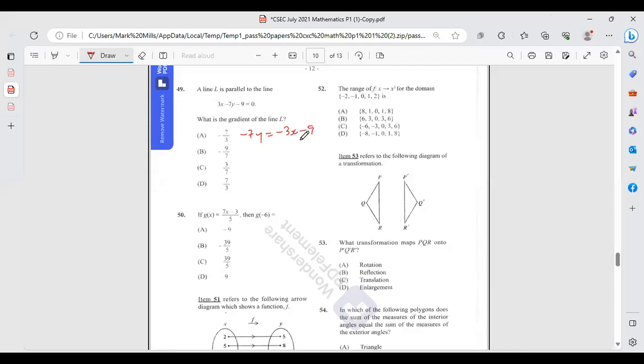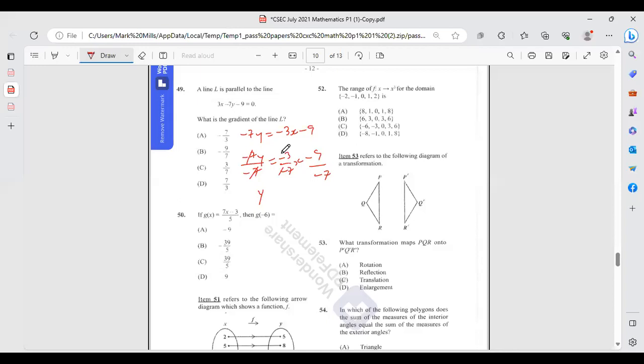Now we want to make y the subject. So negative 7y over negative 7 is equal to negative 3 over negative 7 x minus 9 over negative 7. So we are left with y.